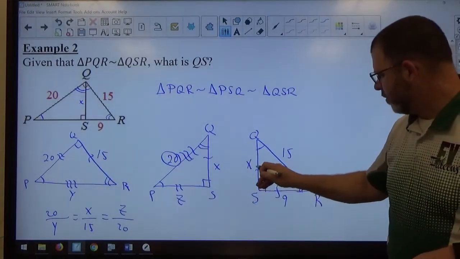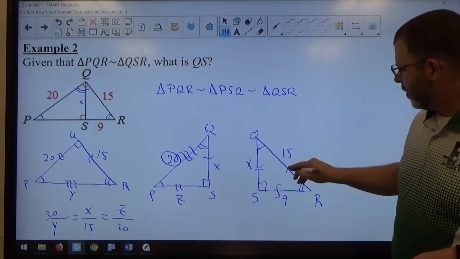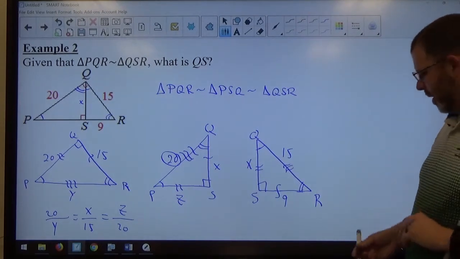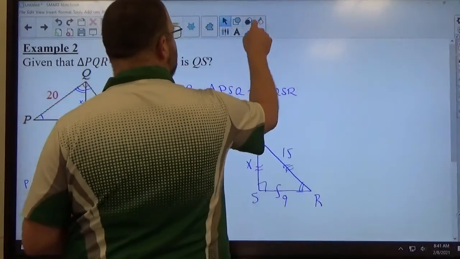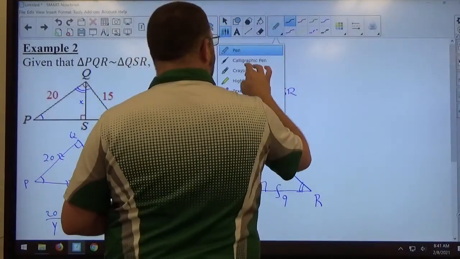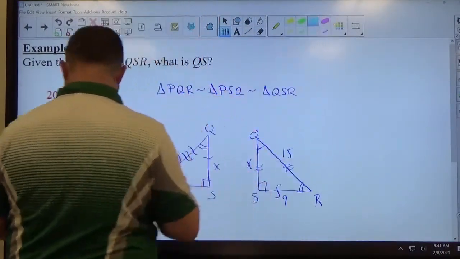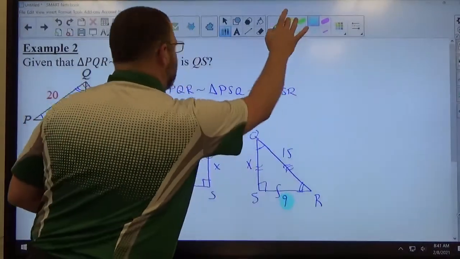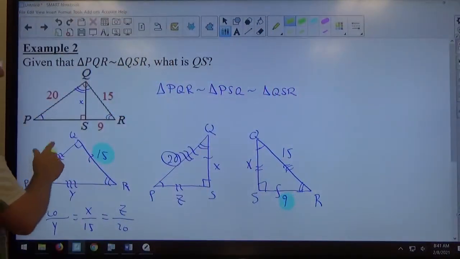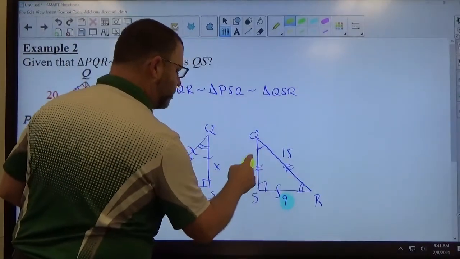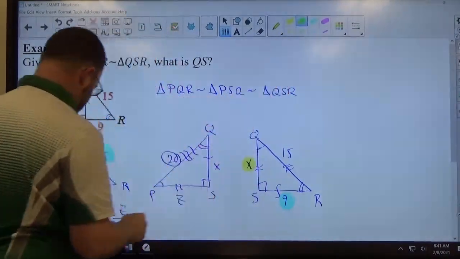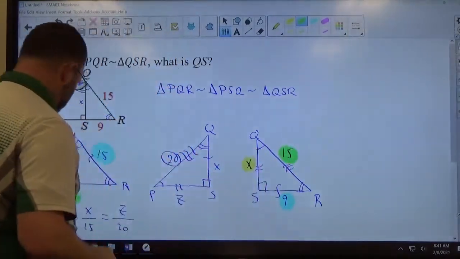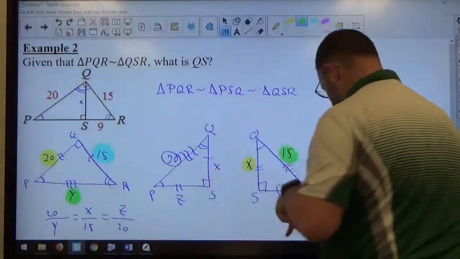R, 2 marks goes here, and then 3 marks is the hypotenuse. Now if we are considering corresponding pieces here, 15 matches up to 9, 20 matches up to X, and Y matches up to 15. We're trying to find QS, the yellow one, so that makes sense.